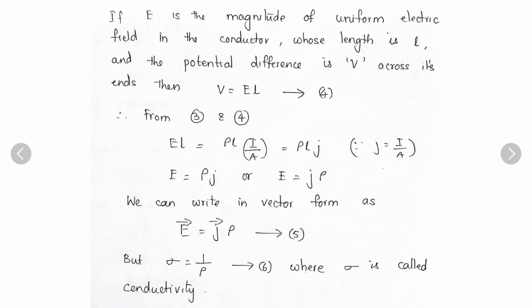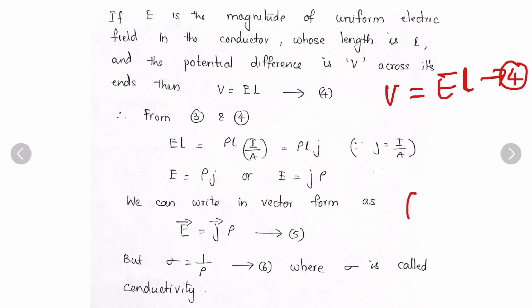If E is the uniform electric field, V is the potential difference across the ends of the conductor, and L is the conductor's length, then V is equal to E into L. Let it be equation number 4.